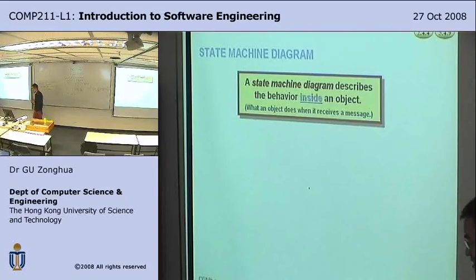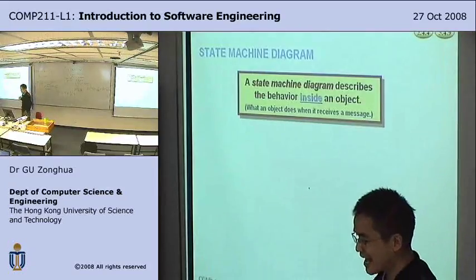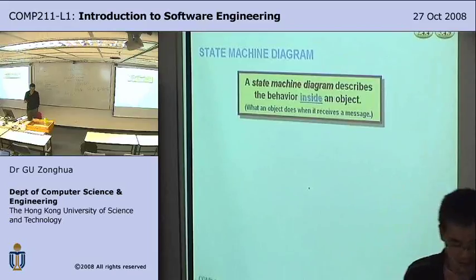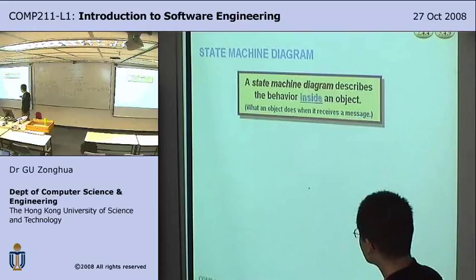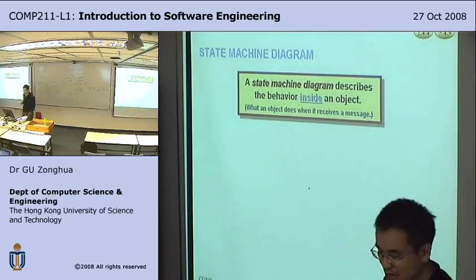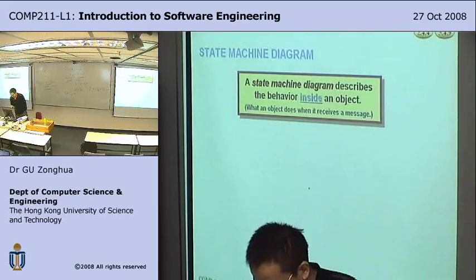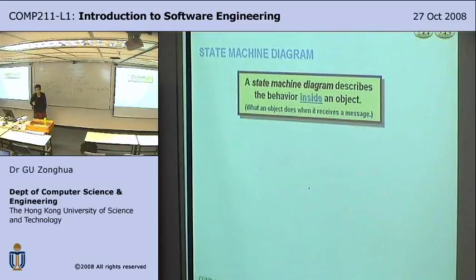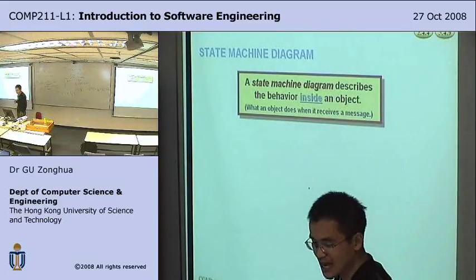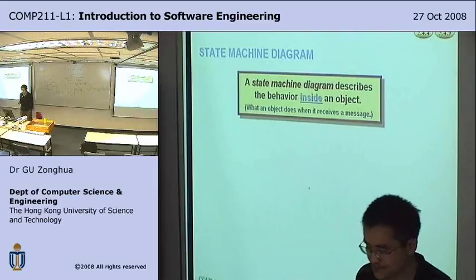That is, they tell you what the object can do at runtime, but they don't tell you exactly how the object behaves dynamically. So this is the job of the state machine diagram. It describes the runtime behavior inside an object, what an object does when it receives a message.